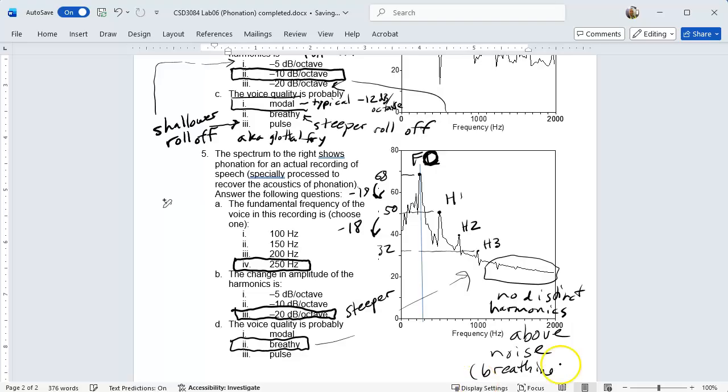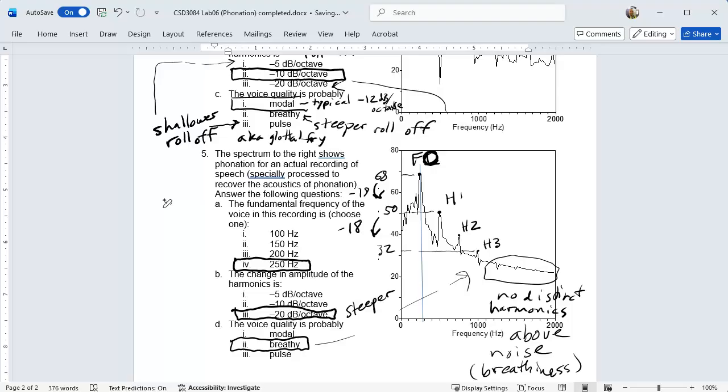And we'll talk about that more in the next part of this, looking at phonation disorders, because of course one problem you can have with phonation is a difficulty getting actual vibration, periodicity, phonation happening, and what you get as a result in that case is breathiness.